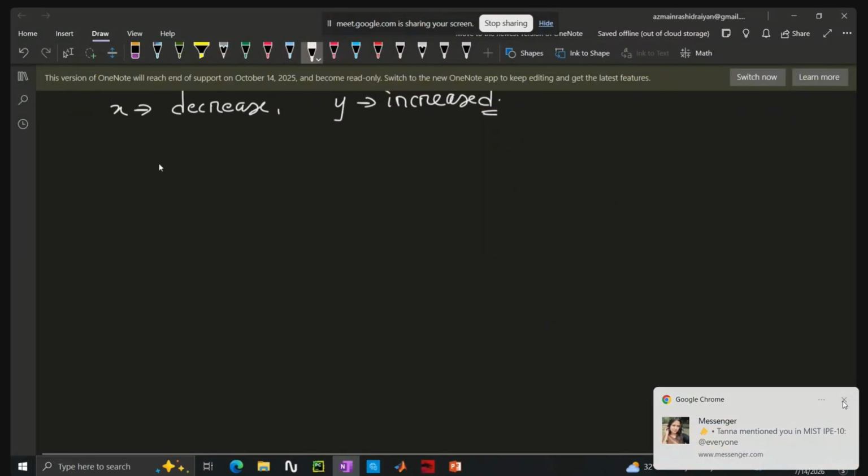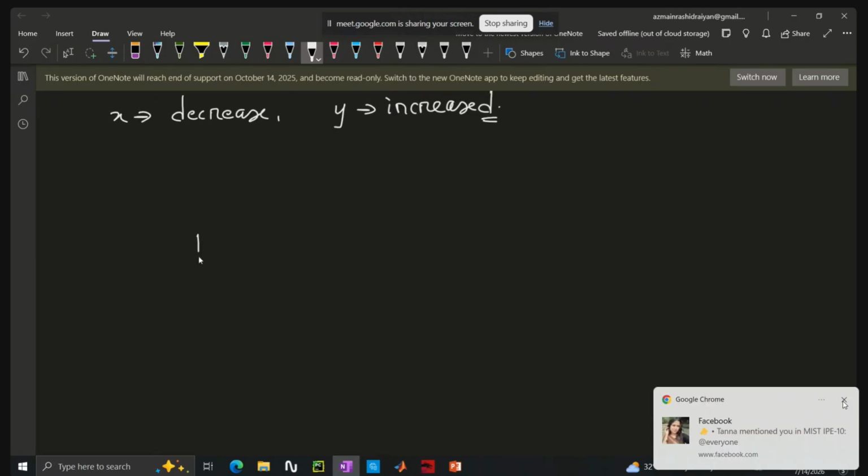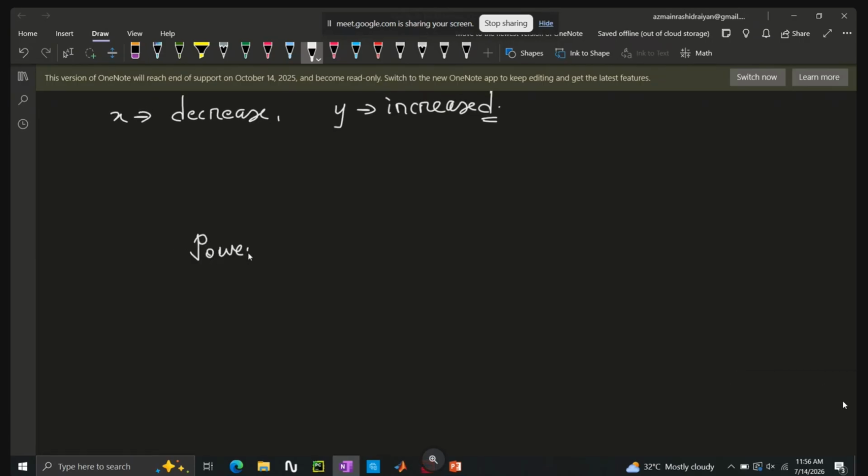As I am from a mechanical engineering background, my common research topic was, let's say, power plant engineering. In power plant engineering, my output parameters will always be Y.